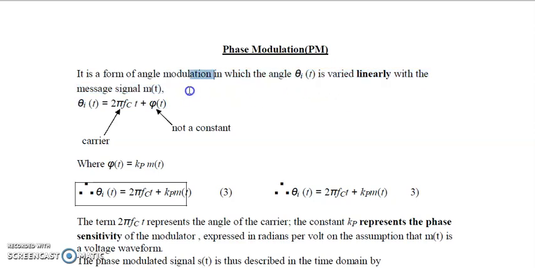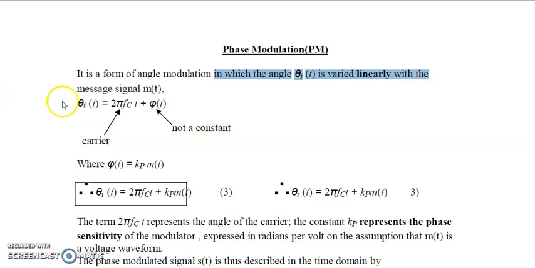Again, concentrate. What is phase modulation? Phase modulation is a technique of modulation in which the instantaneous value of the phase angle theta i t is varied linearly with the message signal. Got it?